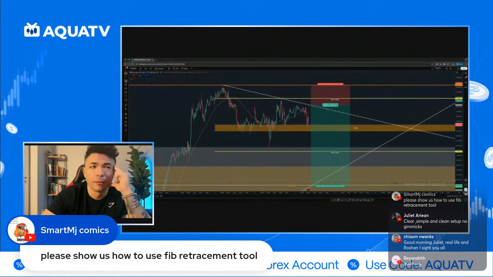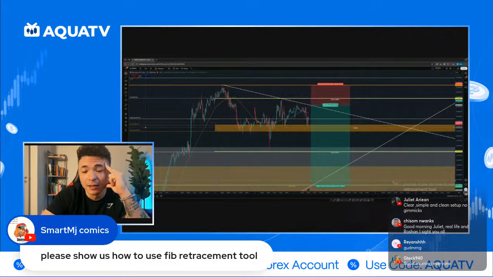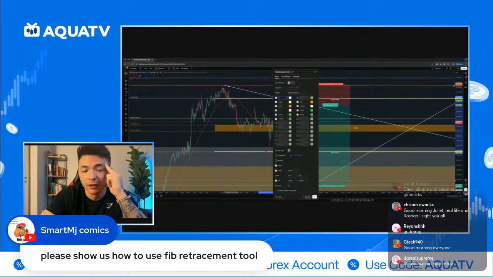I don't know if I showed you guys my settings before, but if you are bearish, you take your Fibonacci level from the bottom to the top. Essentially like that. And then you can see that these orange lines directly align with my orange rectangle, which is my golden zone, the 0.5 and 0.618 Fibonacci levels, as well as my 1.618 extension. If you do want to know the settings for my fib tool, this is it over here.